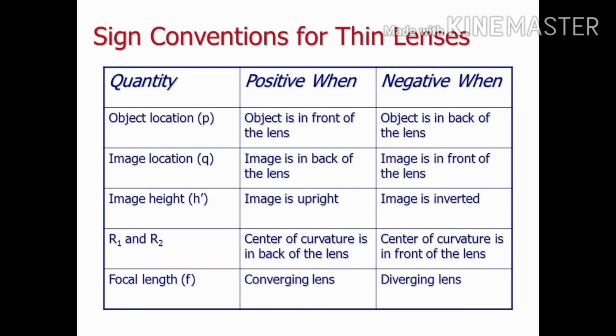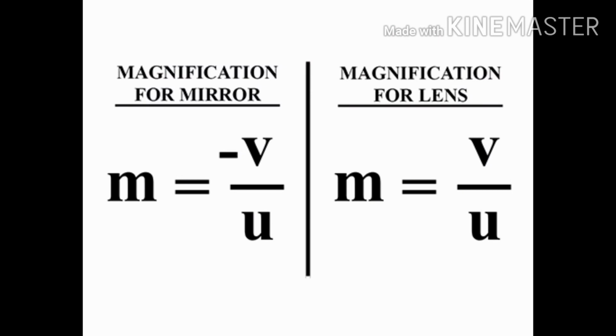The magnification due to a lens is the ratio of the height of the image to the height of the object. The magnification is also related to object distance and image distance by the formula m = v/u.